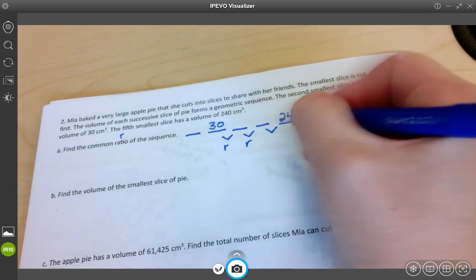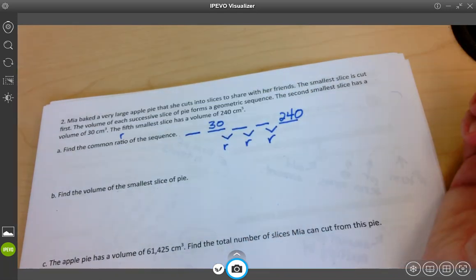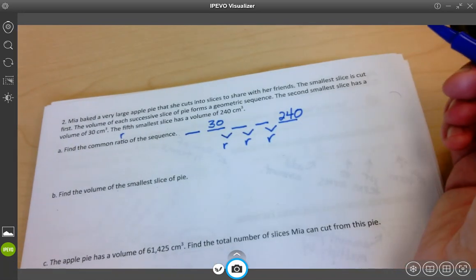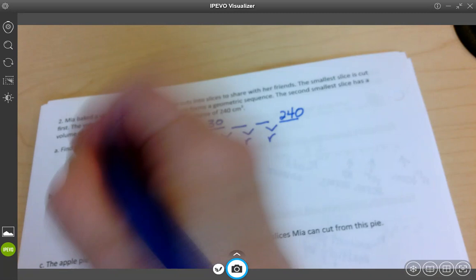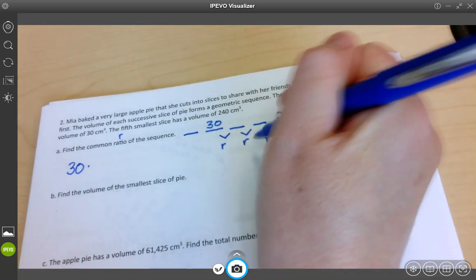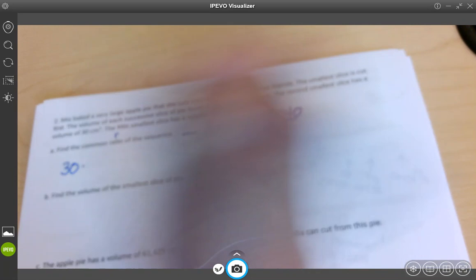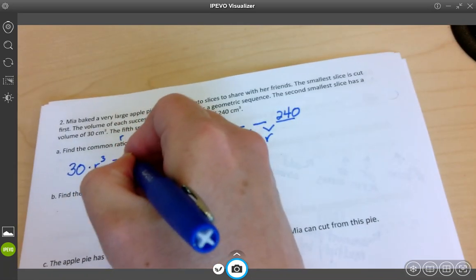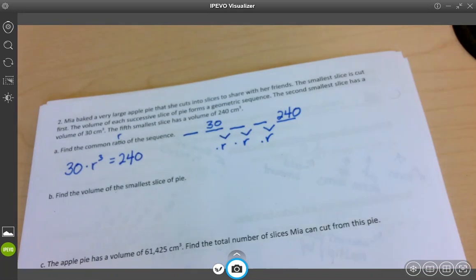We could figure out how many times we're multiplying by, right? How many times did I multiply by between 30 and 240? 3, right? So 30 times R times R times R, so times R to the 3rd, equals 240.